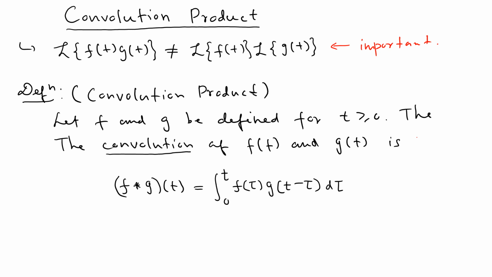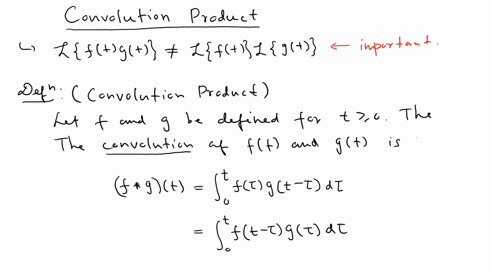And then you can see that it doesn't really matter which one we use. We get the exact same answer even if we switch the two terms, f of t minus tau times g of tau. Tau is the dummy variable in this case. Interestingly, you get the same answer in both cases.